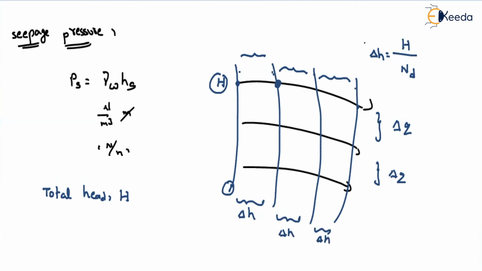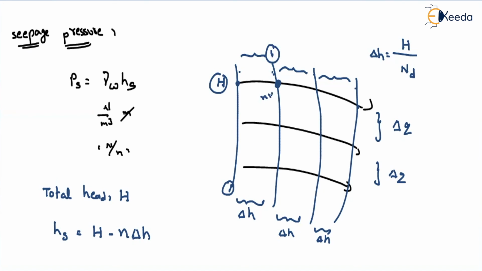So from here to here, how many drops are there? One drop. That means how much head loss? Delta H. So what is the head available? From the total head, we have to subtract this value. That implies how can I find out my head available? That is nothing but the total head minus n into delta H. If I want to find out the head available at this point, how many drops are there? Only one.